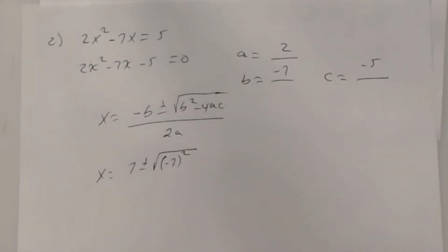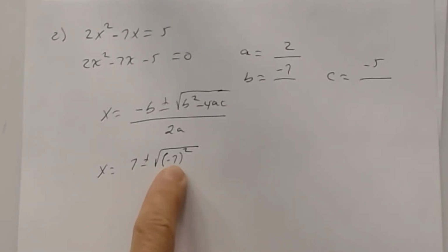What do I do to it? Squared. Now, before I go on, you see that B squared? That should never, even if you're using your calculator, when I square that B, it should always be what kind of number? Positive. If it's negative, you did something wrong. B squared will always be positive. So you'll notice that when I square it, what's negative 7 times negative 7? Positive. Unless B is 0, because what's 0 squared? 0.